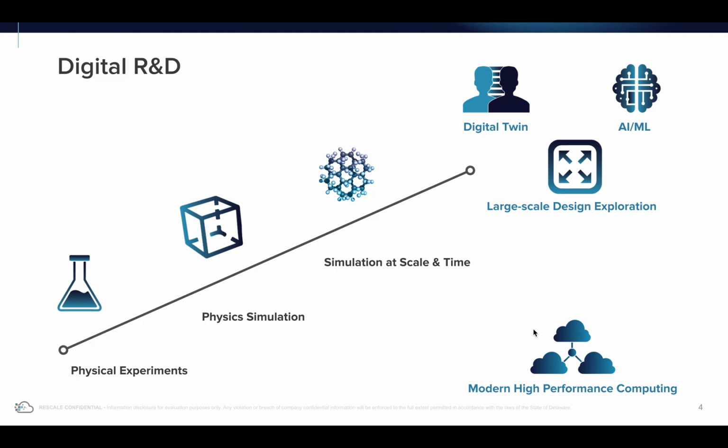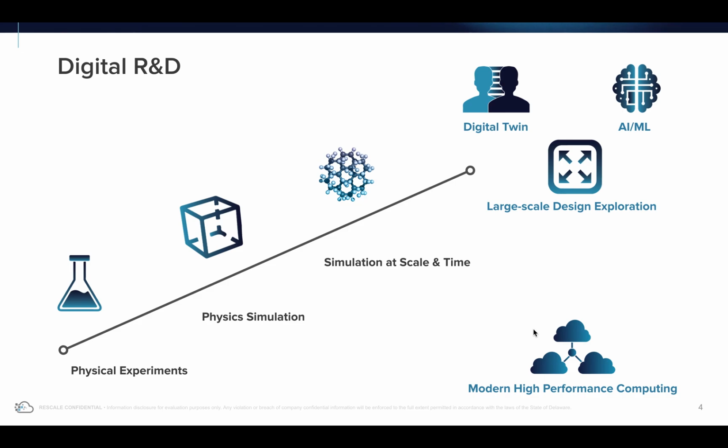You're able to reproduce experimental results accurately in simulation, and then you're able to use that simulation to further expand in the design space and make improvements digitally without the expense and the time associated with physical modifications.